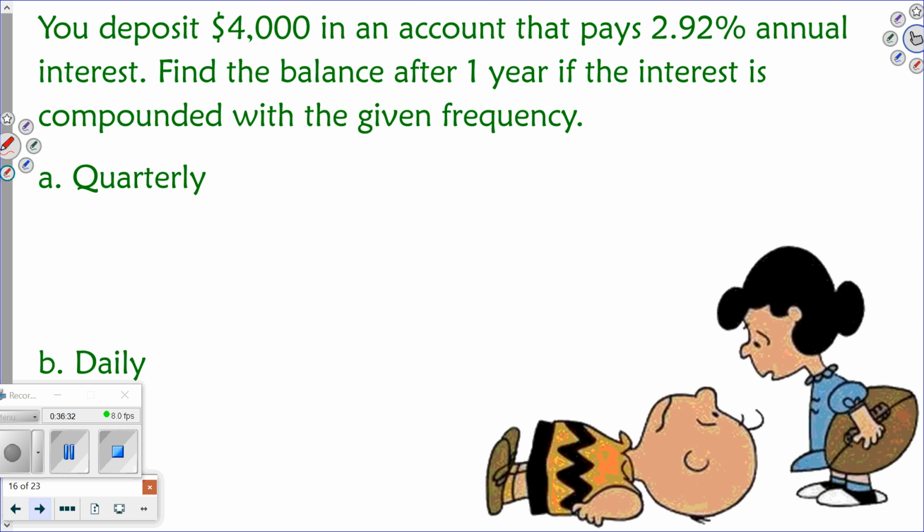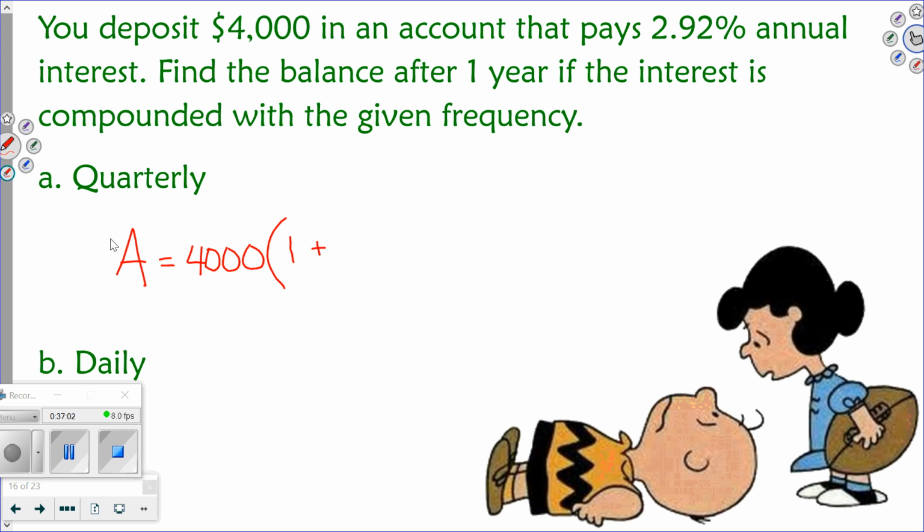All right, so you deposit $4,000 in an account that pays 2.92% annual interest. Find the balance after 1 year if the interest is compounded with the given frequency. So just using our formula, let's make sure we can do this. So A equals my principal amount, which is 4,000, 1 plus my rate.